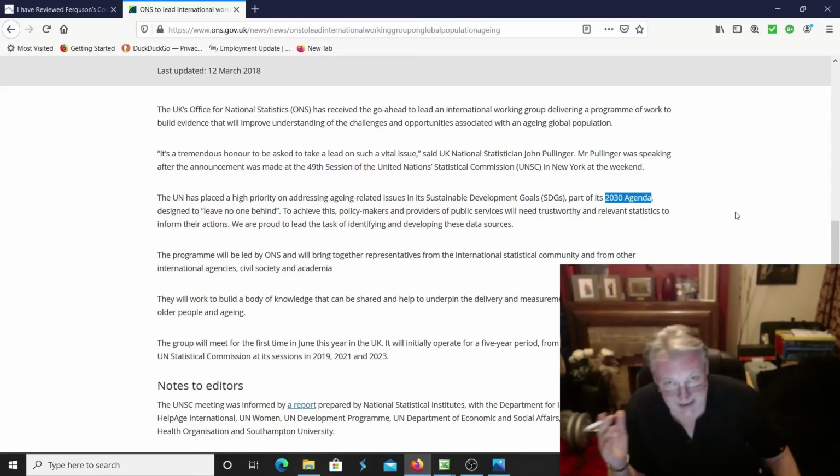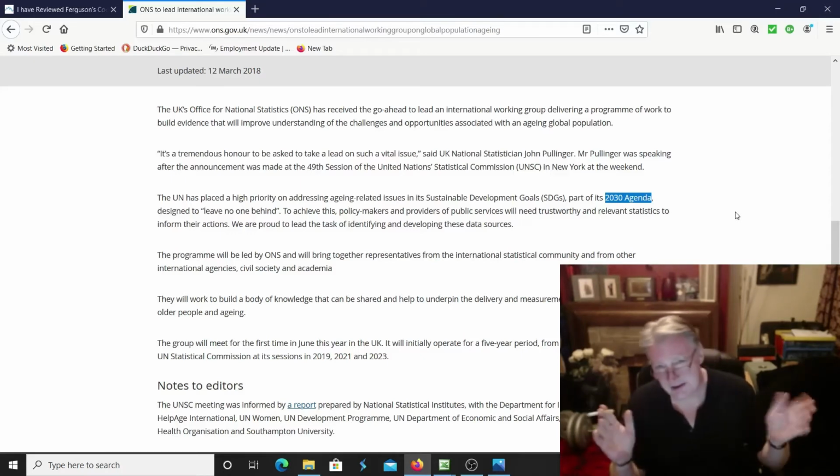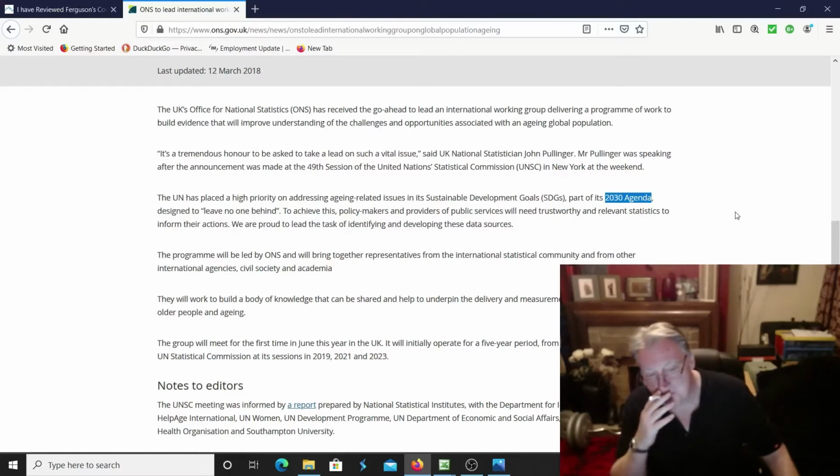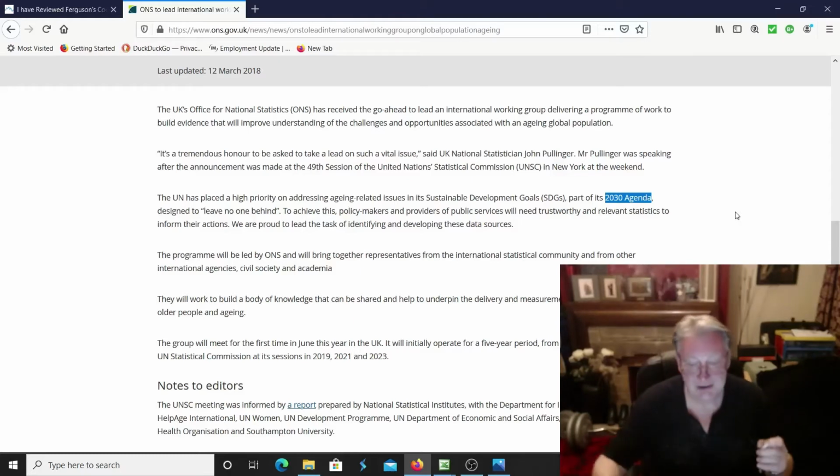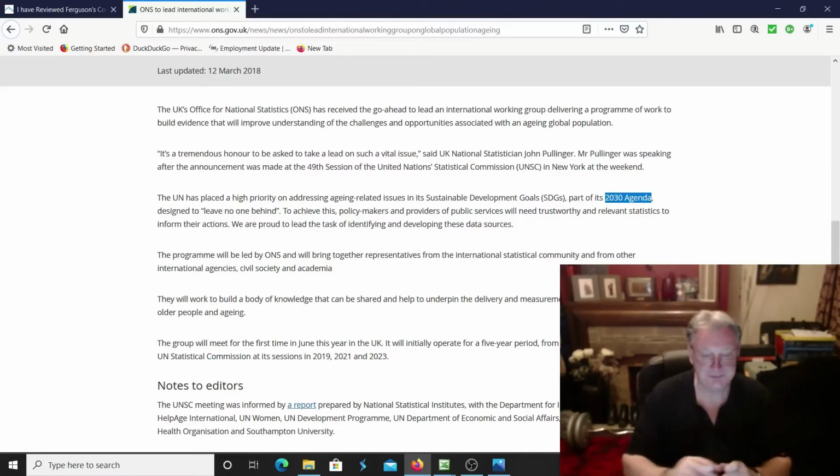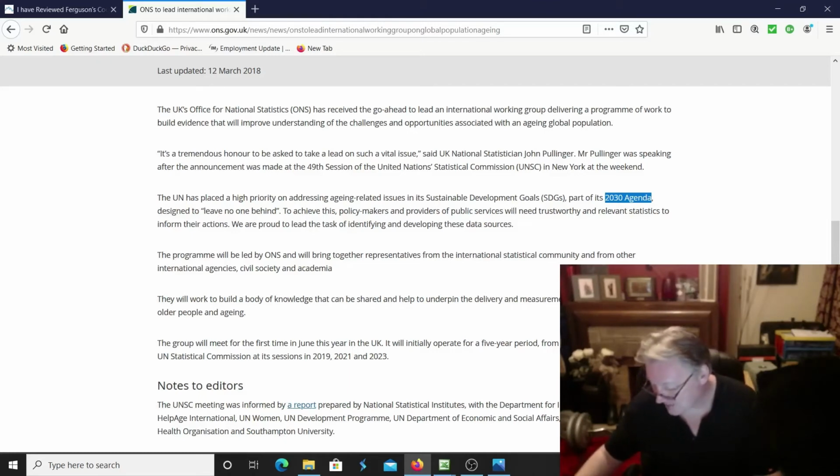So all those people out there that say, oh, Agenda 2030 doesn't exist, it's a conspiracy theory. This is from the ONS's website, and again, I'm pretty sure I will be having the link in the description. The ONS in the UK has been awarded the contract to run the statistics for Agenda 2030.